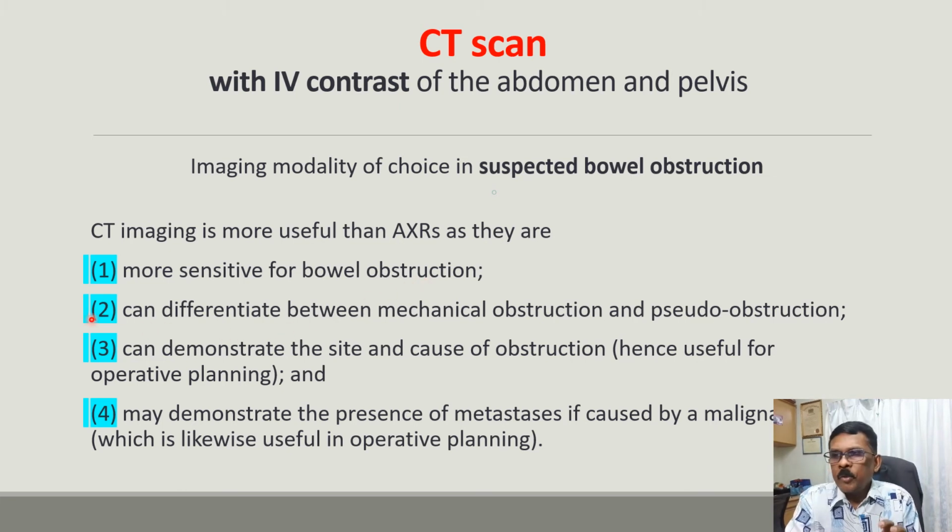It can differentiate between mechanical obstruction and pseudo-obstruction. If there's an obstructing lesion, it can detect and locate the lesion. It can also determine the site of obstruction, hence is useful in planning the surgery. And fourthly, it is a very useful tool to demonstrate the presence of metastasis by malignancies, which is again a useful way to determine the treatment the patient should be given.